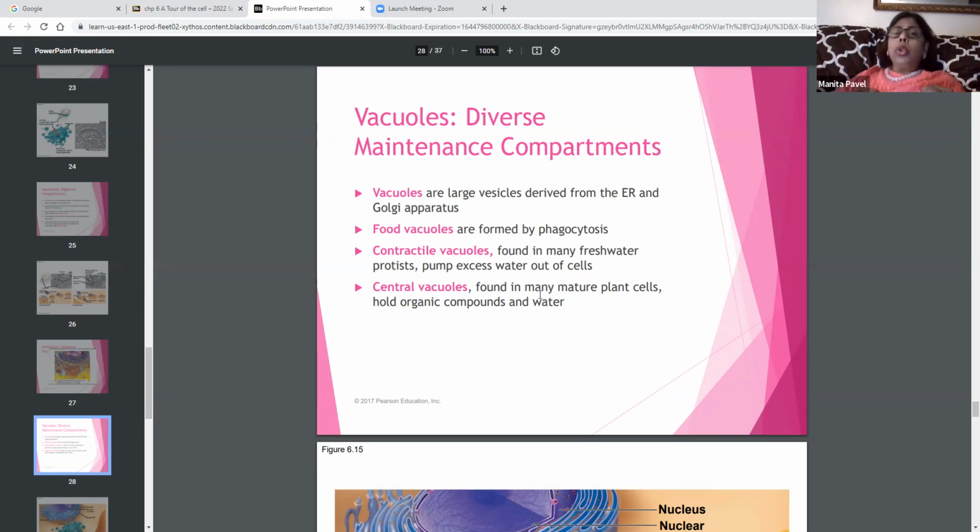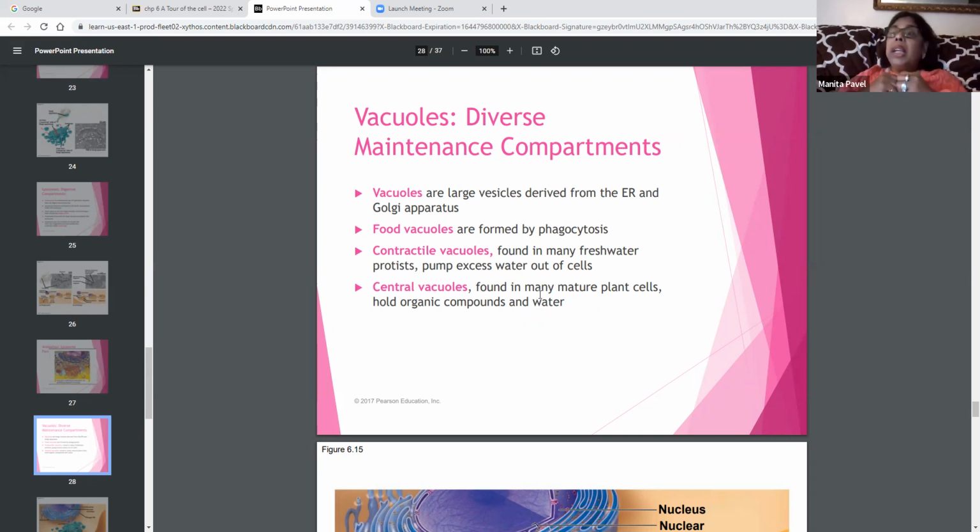What are the food vacuoles going to do? Food vacuoles are going to engulf the food and the vesicle is going to close so that the food gets trapped through the process, as I just explained, by phagocytosis.